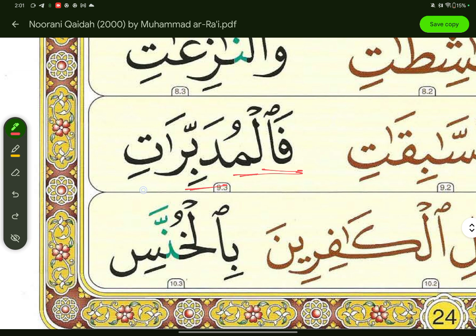B. That's what we have so far. And then we have ra with an elongation. So fal mu deb B ra. And then T. Fal mu dab. B. Ra. T. That's it essentially.